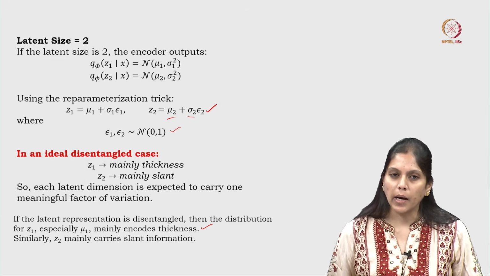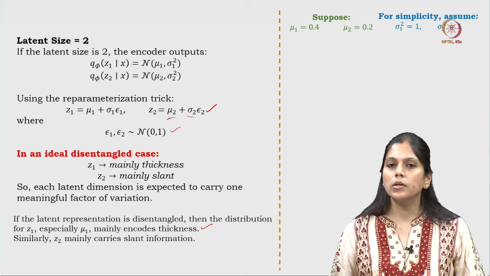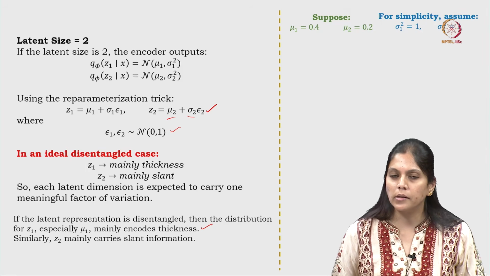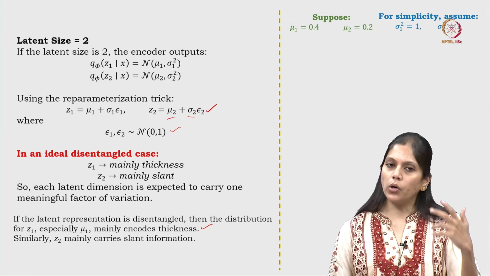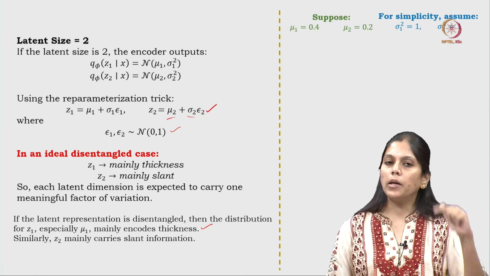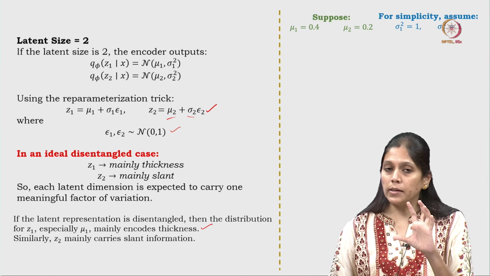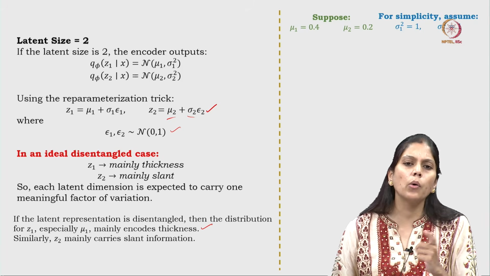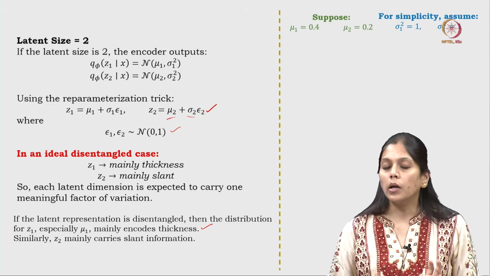So, if it is capturing small information, is it not that the mean values should be small? Can you understand in this way? So, if Z1 should focus only on thickness, and Z1 is obtained from mean 1, then mean 1 is capturing only a small information. What do you mean by small information? Only one piece of information. So, here mean 1 and mean 2 values are small.